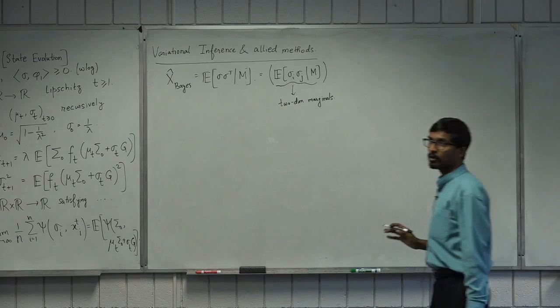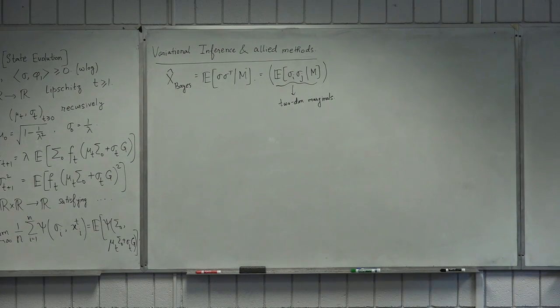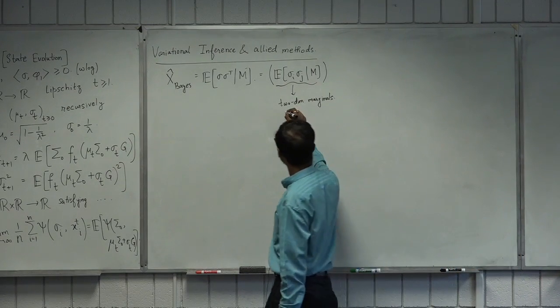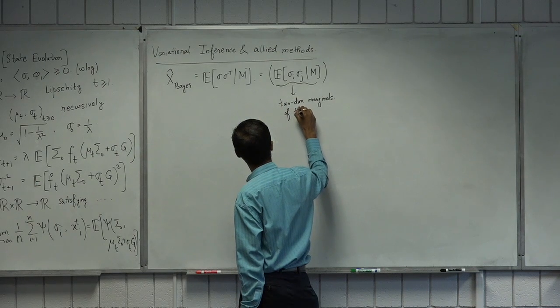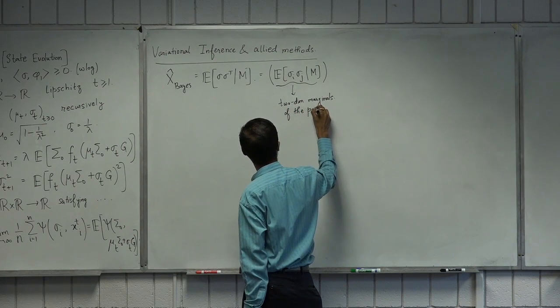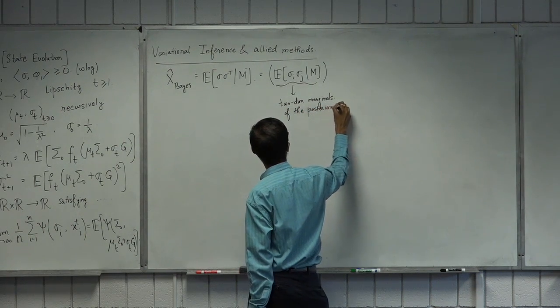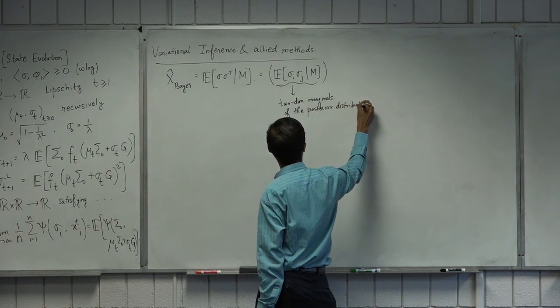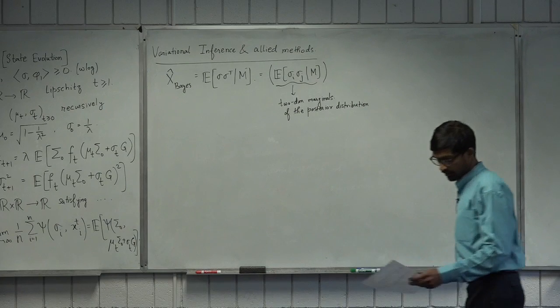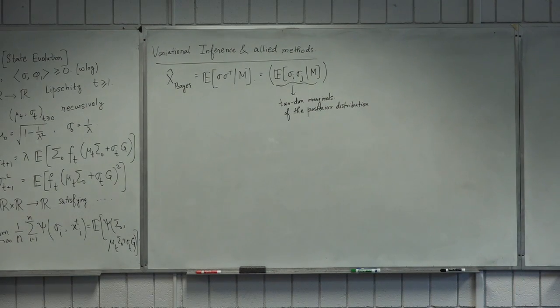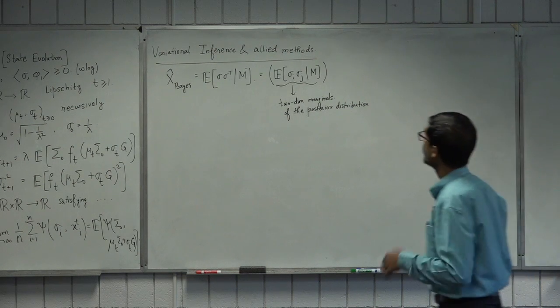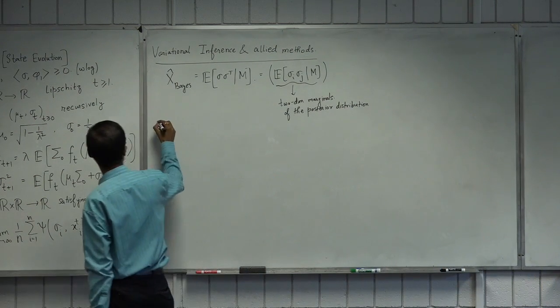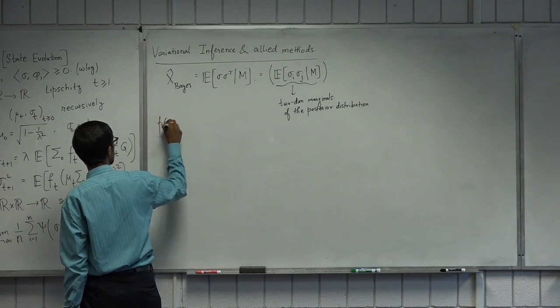Or let's say some low-dimensional marginals of the posterior distribution. And so one idea would be to say, okay, first let's write down what the posterior distribution is.